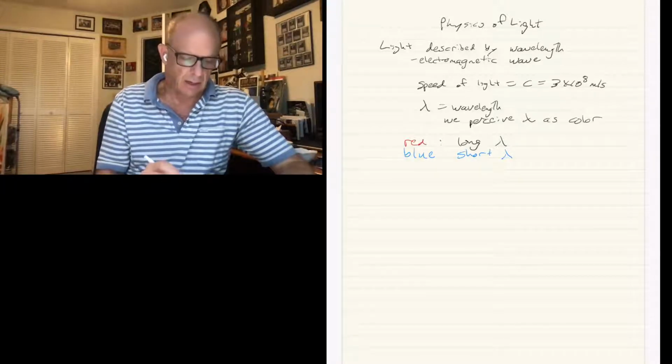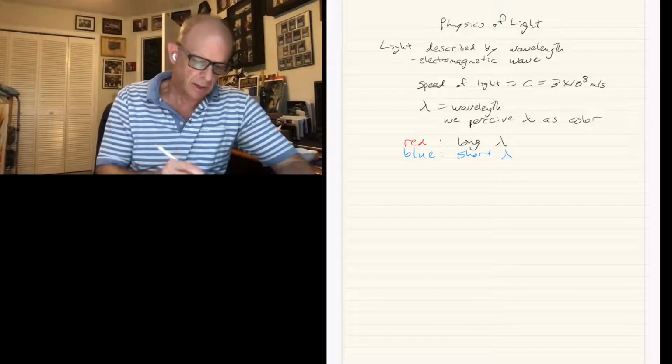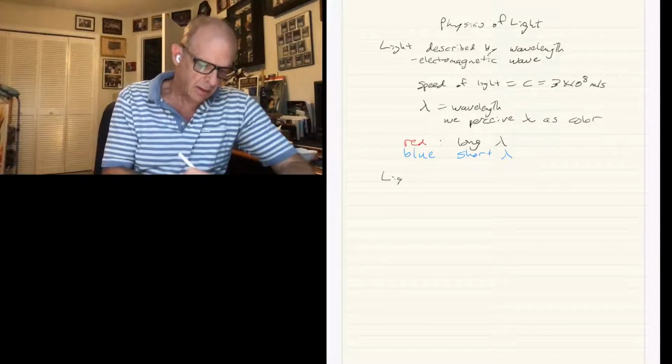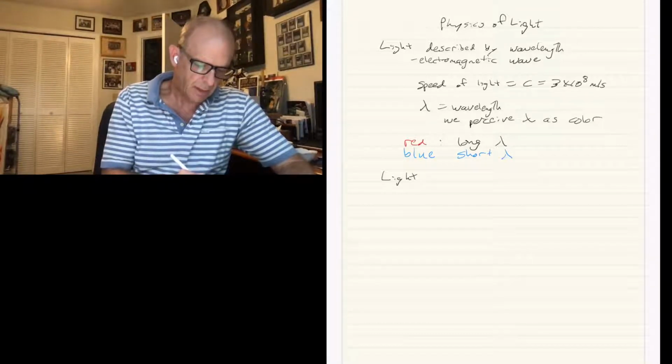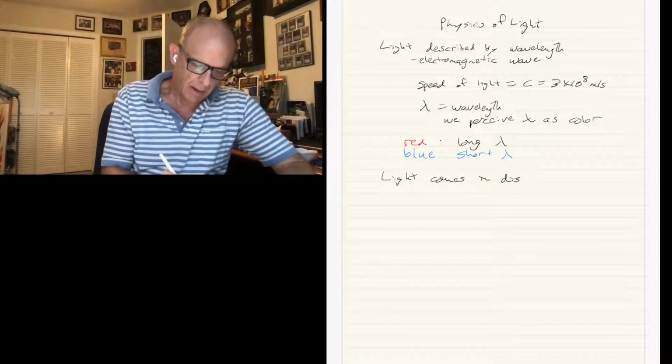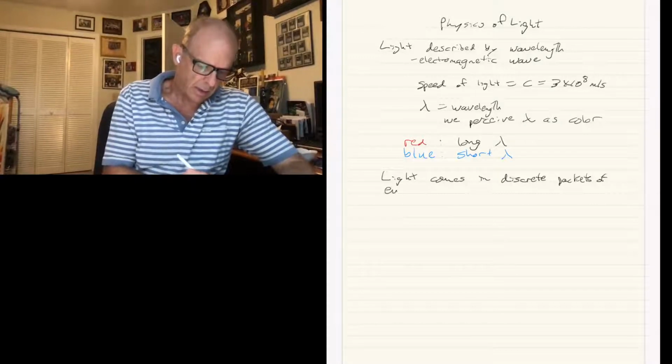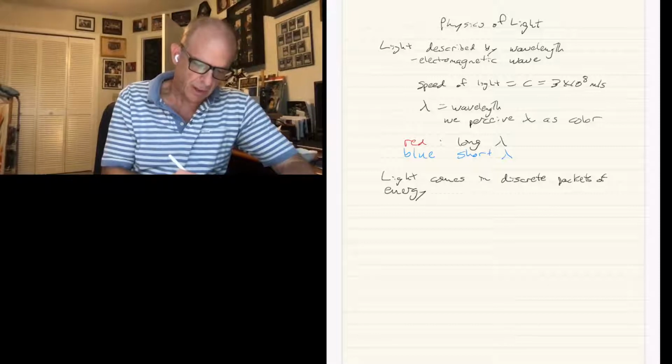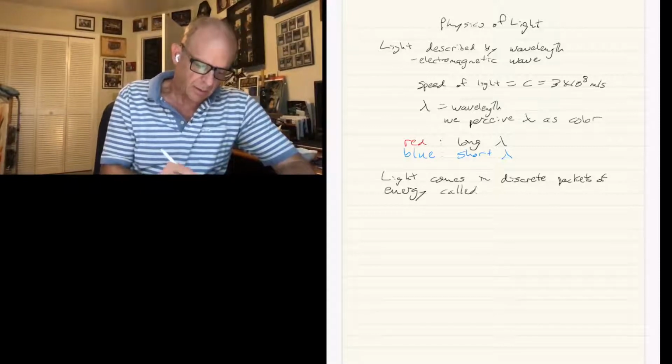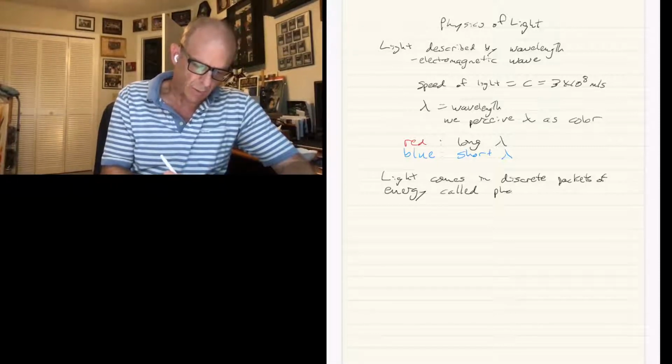And the light comes in discrete packets of energy, and those are called photons. And the energy of a photon is uniquely determined by the wavelength of light.